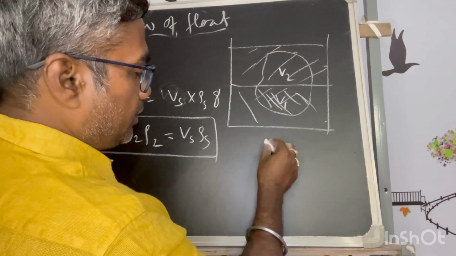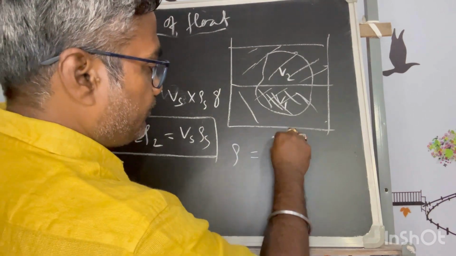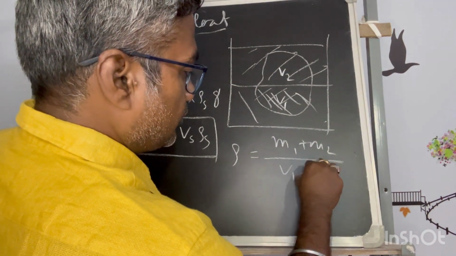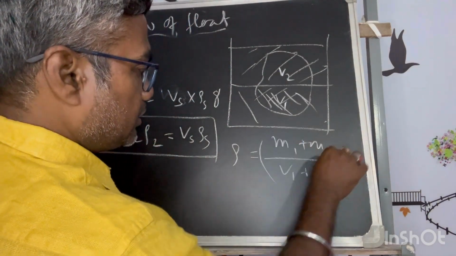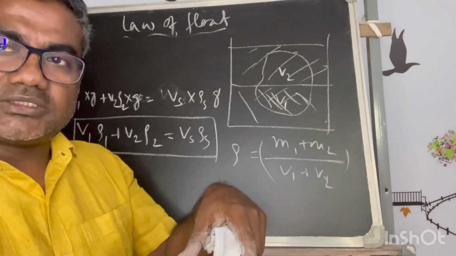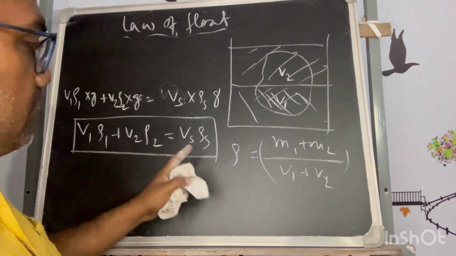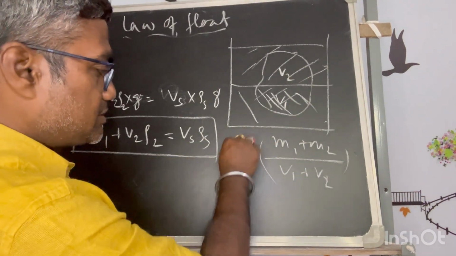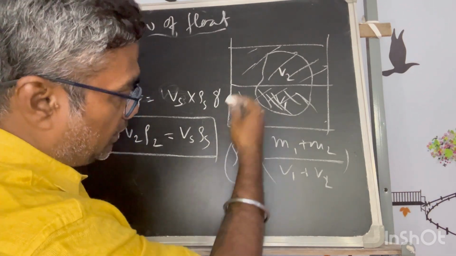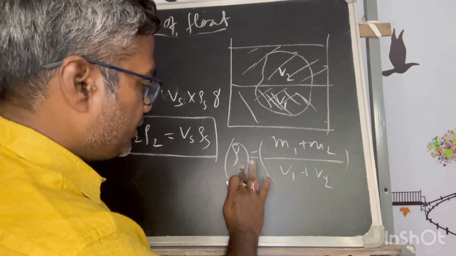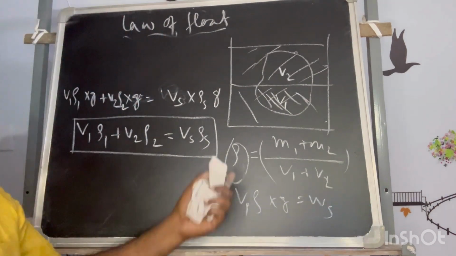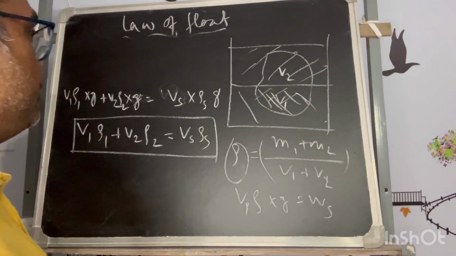The ultimate density is the total mass of those liquids divided by the total volume of those liquids. By this we can get the cumulative density when the liquids mix with each other, and from there we can establish this equation, taking this as 3. Then the volume of the ultimate liquid times rho into G will be the weight of the solid. So this way you can come to the point.